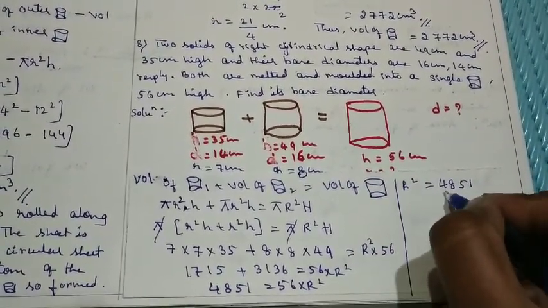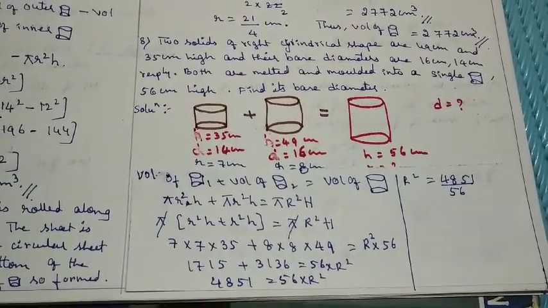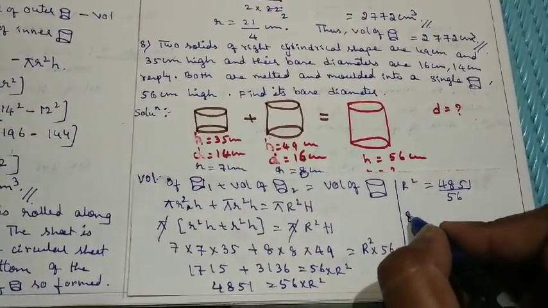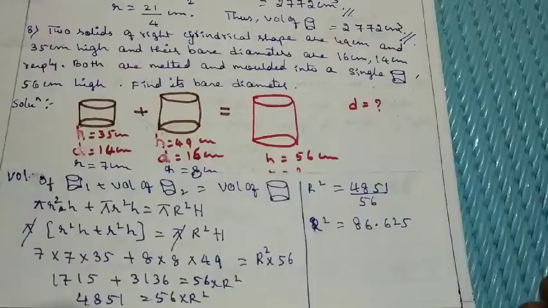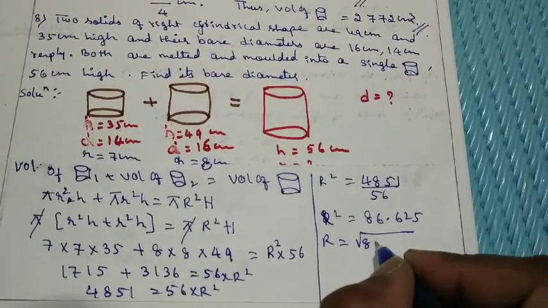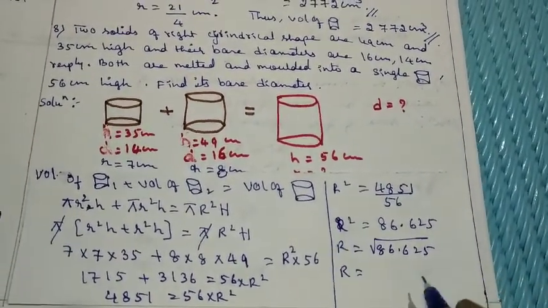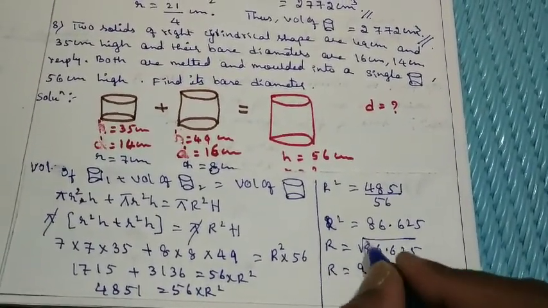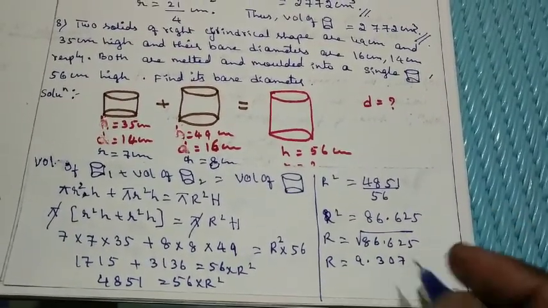So 4851 divided by 56, we'll get the answer R square equal to 86.625. So R equal to square root of 86.625. Since it is not a perfect square, we'll get in decimal 9.307. You are aware of finding the square root of this number, which we learnt in the first chapter.